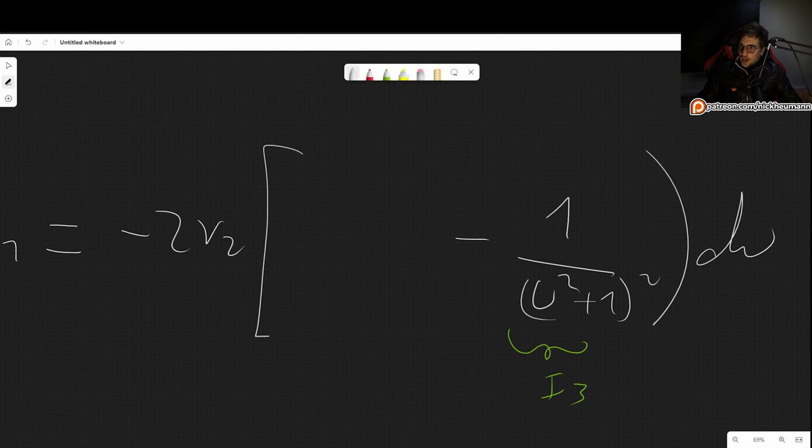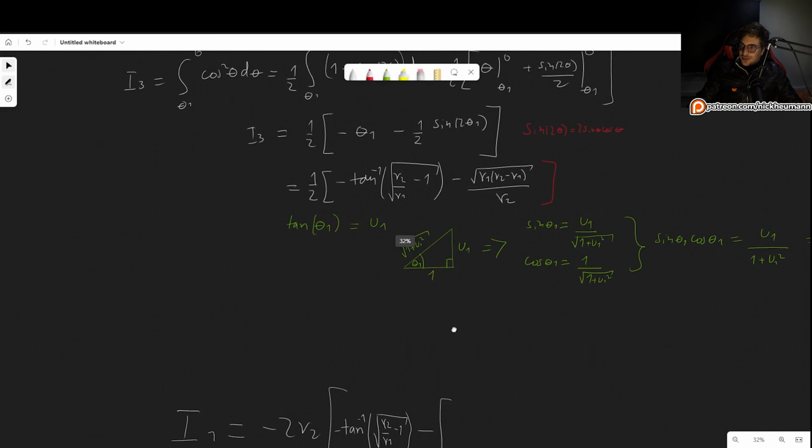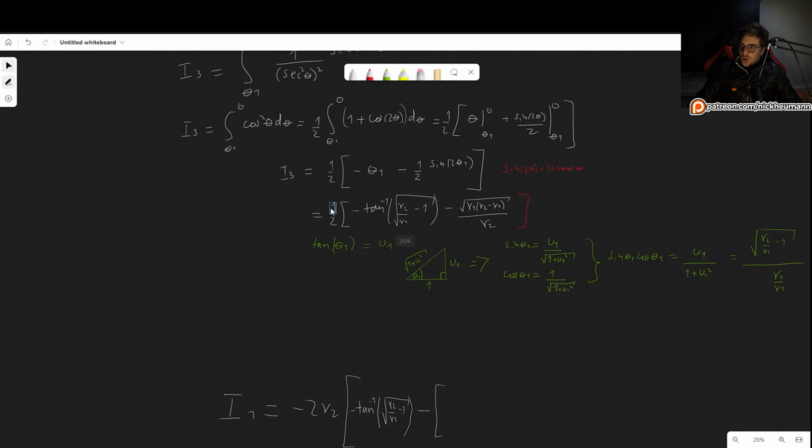so integral 1, we already saw, yields minus the inverse tangent of square root of r2 over r1 minus 1. And then the second integral, the one we named I3, that one yields, let's see, I already forgot. So what does the other one yield? Okay, 1/2.